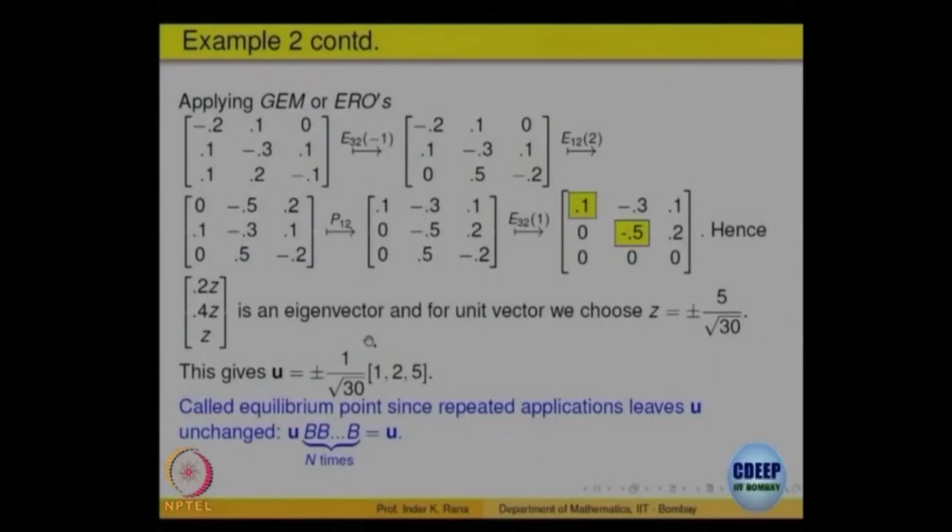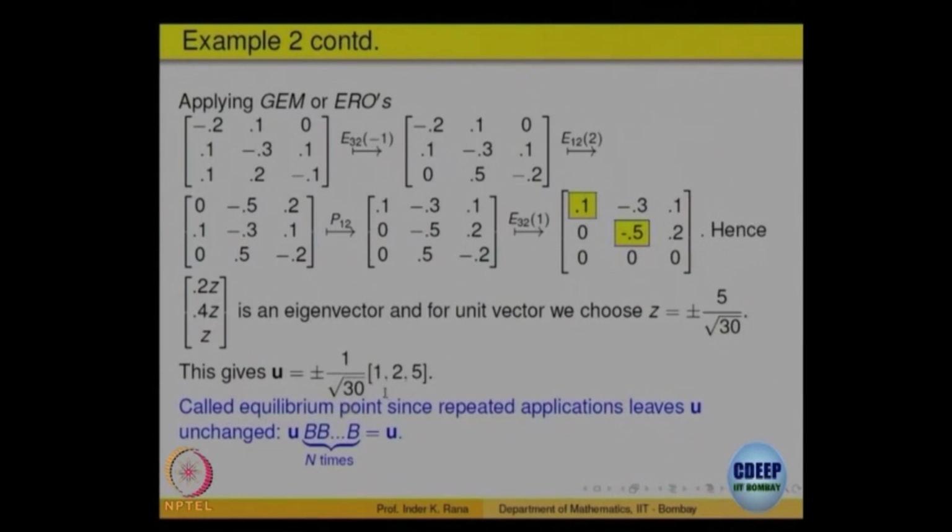Okay. So, solve that computation, and you find an eigenvector, 0.2, 0.4, 1. If you do not want decimals, you can multiply everything by 5, that also is an eigenvector. So, you get 1, 2, 5.